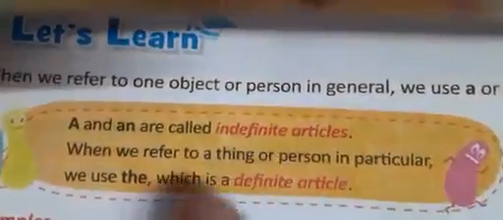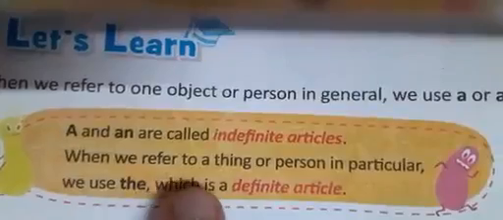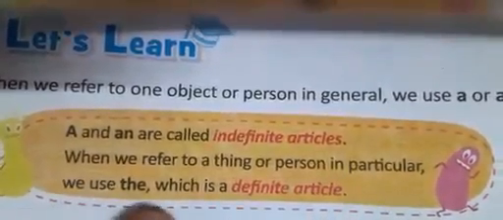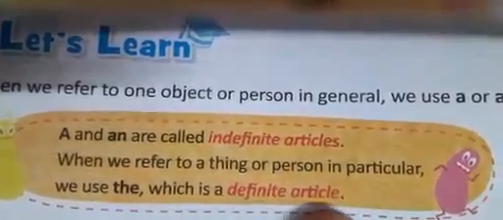Let's learn. When we refer to one object or person in general, we use a or an. A and an are called indefinite articles. When we refer to a thing or person in particular, we use the, which is a definite article.